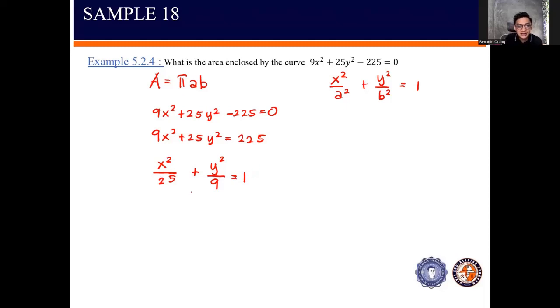Again, let us see which denominator is bigger. As you can see, x squared has the bigger denominator, which is 25. So what we did is correct, a squared over b squared.